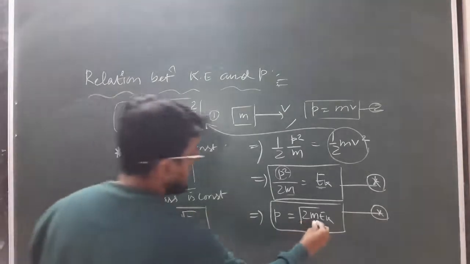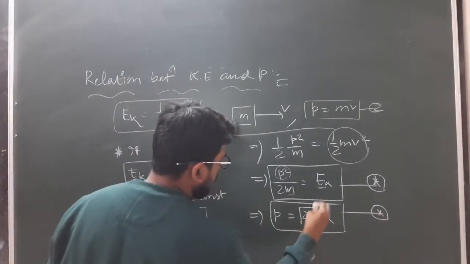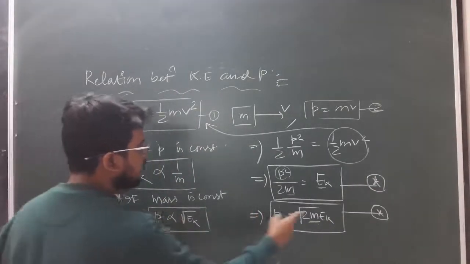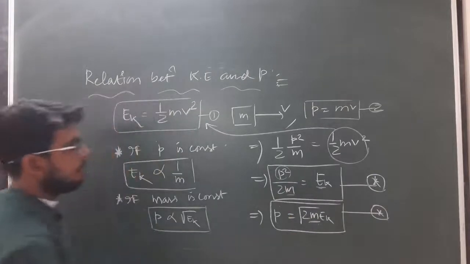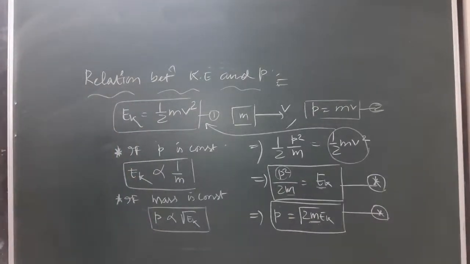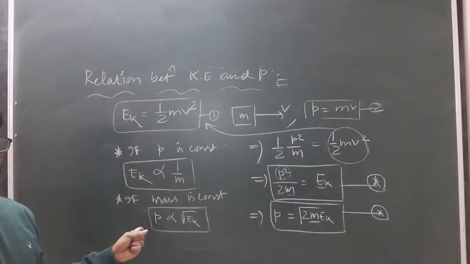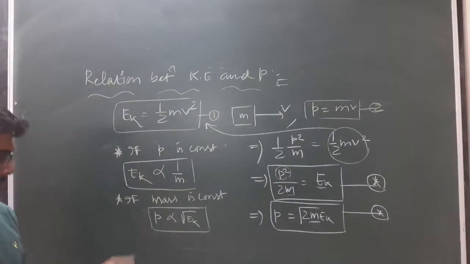According to this relation, if the masses of two bodies are the same, then the momentum is directly related to the square root of kinetic energy. Clear? So this is how momentum and kinetic energy are related with each other.